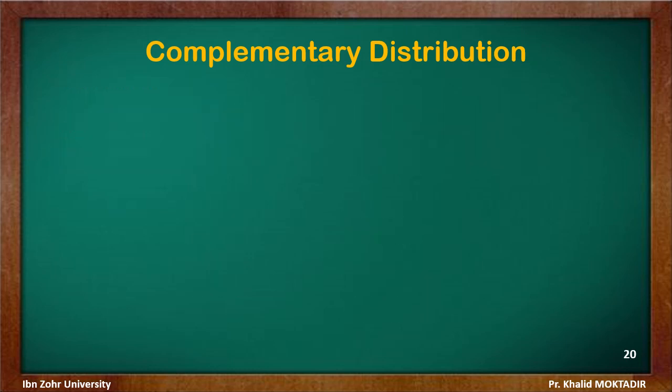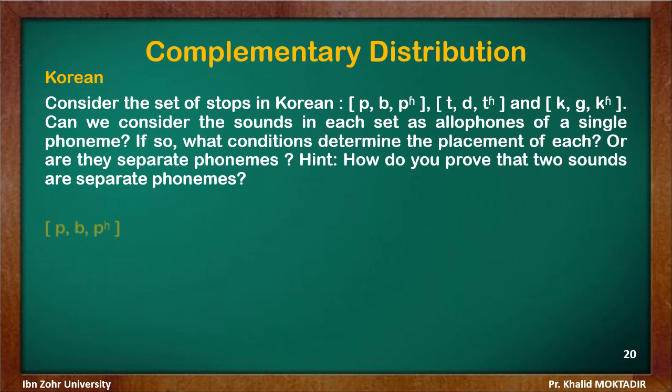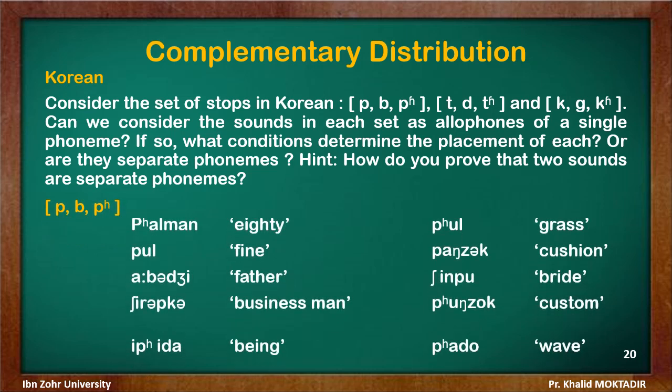But now your last problem in this section is on Korean, and it's about different stops. They have variants for each of the stops, the bilabial stop, the alveolar t and the velar k, each one of them having different variants.